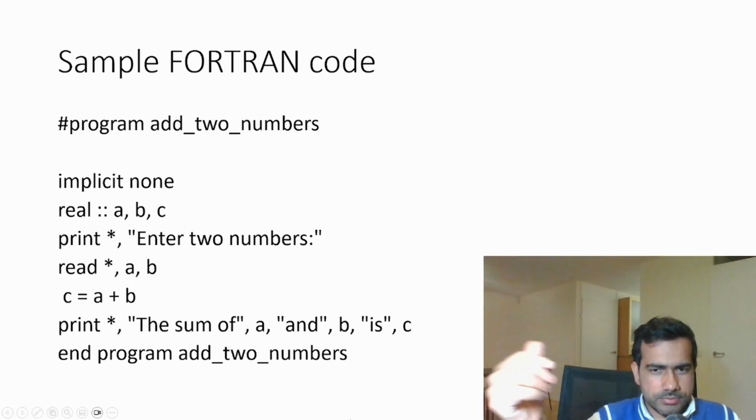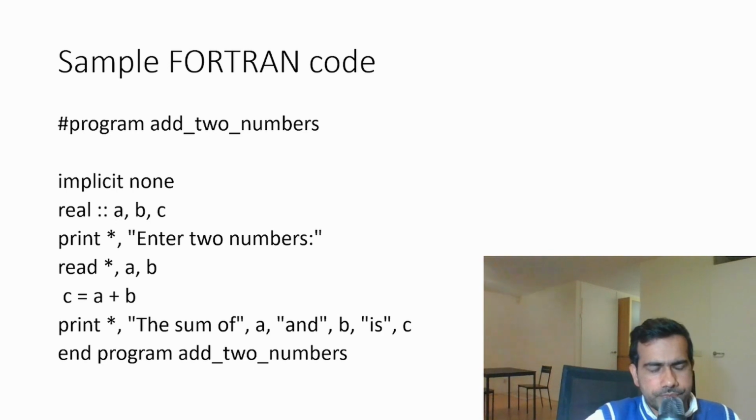In Python, you just write one line of code and it gets done, right? So that's an interesting thing about the modern languages, Python and Julia, whereas it used to be a bit more complex back then.